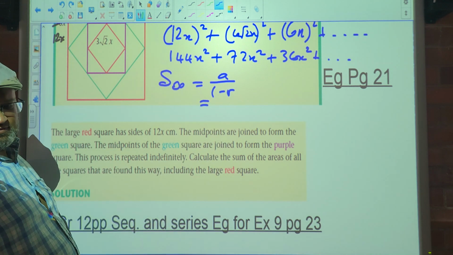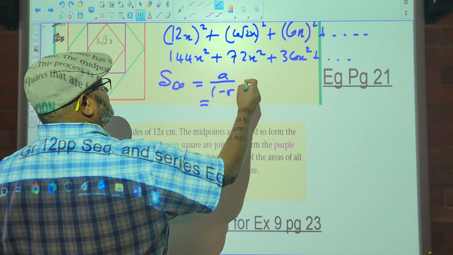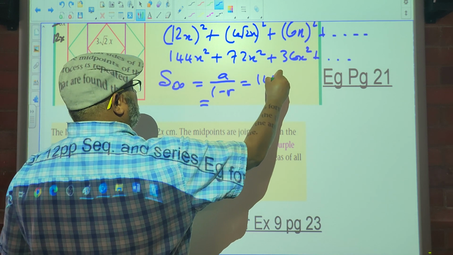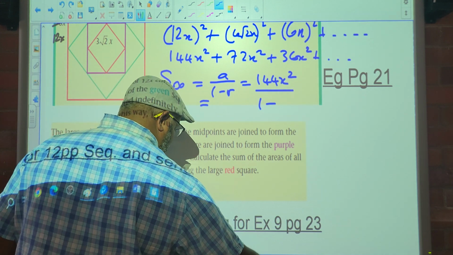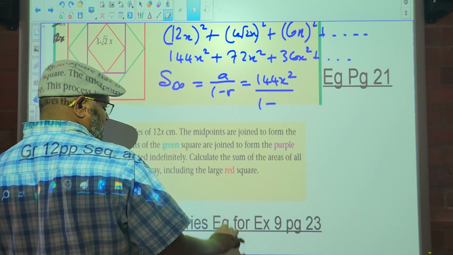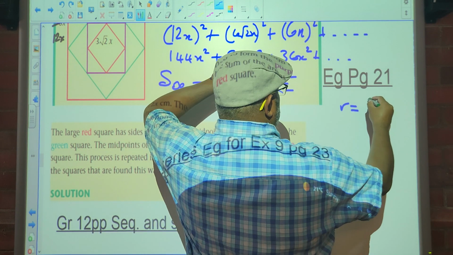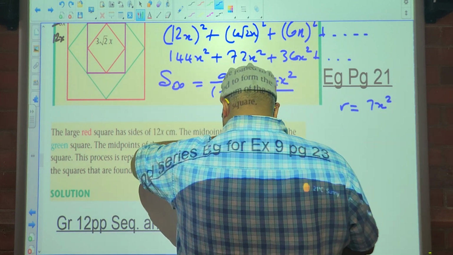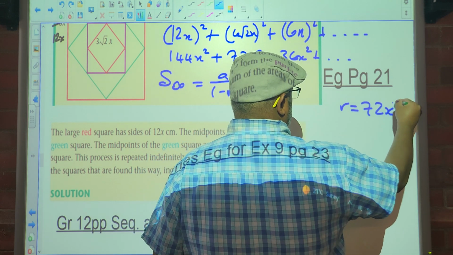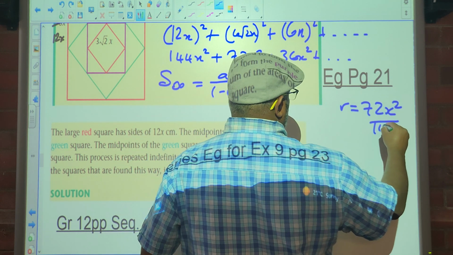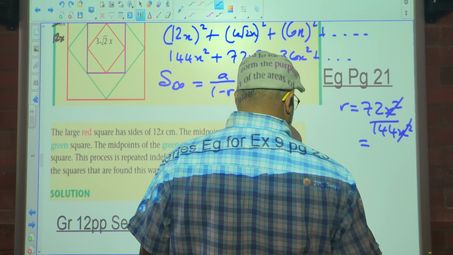How do you calculate r normally? T2 over T1. So r is going to be 72x squared over 144x squared, not so? That cancels.